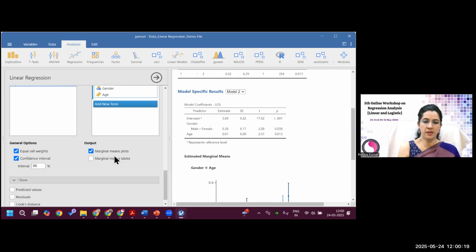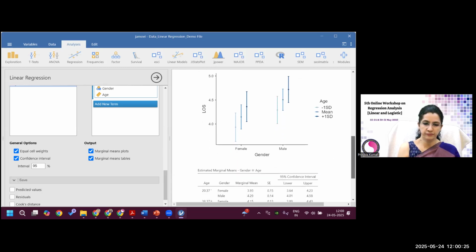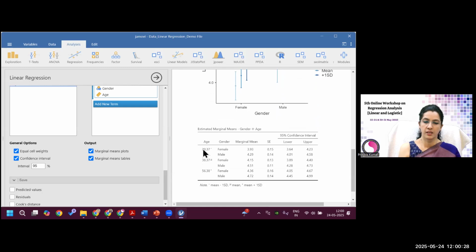And then this is the marginal mean plot. If you wish, this is the marginal mean table. Now, if you see, it gives you the marginal mean. What is the interpretation of 3.93? So 3.93 is the marginal mean of length of stay in female, and age it takes like 1 standard deviation less.